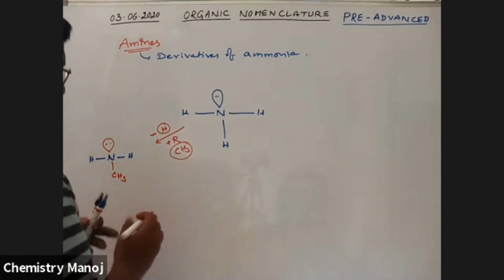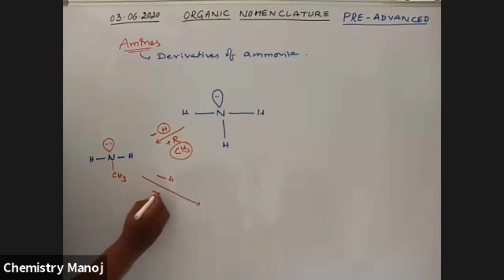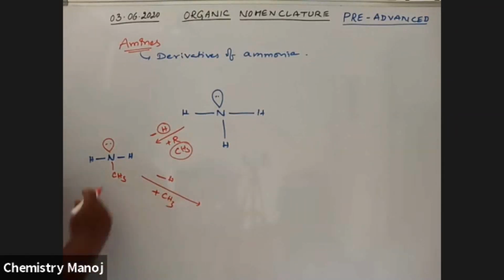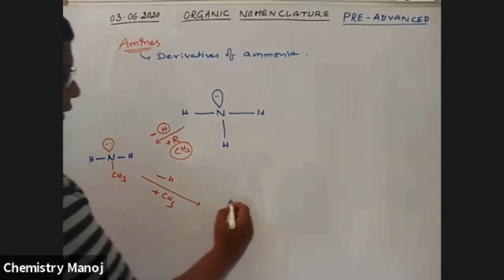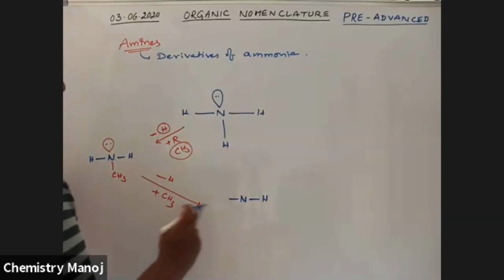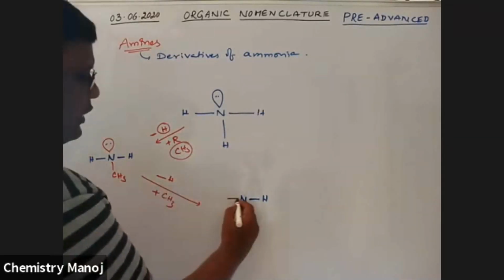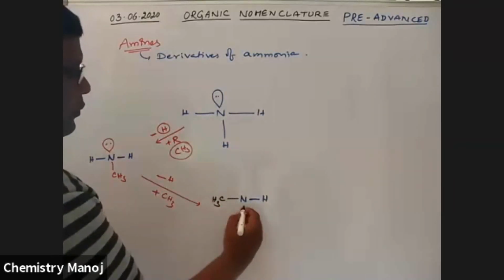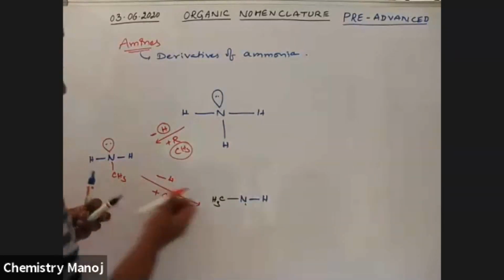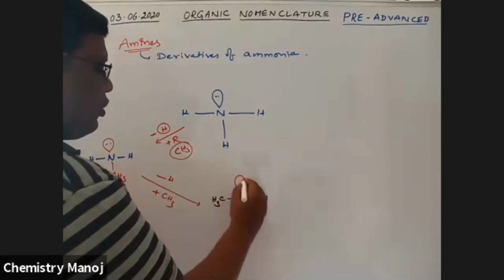Next, once again, minus hydrogen plus CH3 group, and one more hydrogen is replaced. Then NH, this is CH3, this is CH3, and a lone pair as usual.